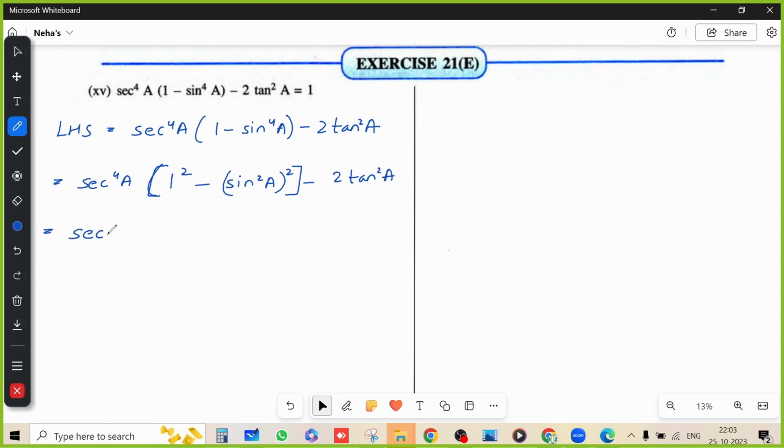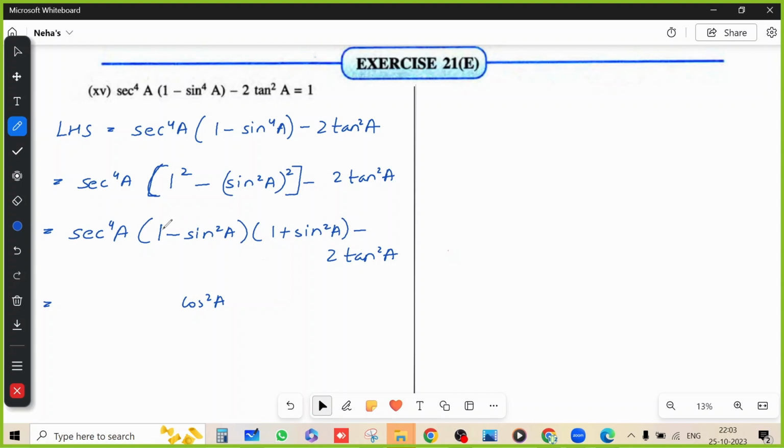Now this can be written as sec raised to 4A into, here we will apply the formula of a square minus b square. So this will become (a plus b) into (a minus b), which is equal to (1 minus sine square A) into (1 plus sine square A) minus 2 tan square A. Here now we can write 1 minus sine square A as cos square A by using the trigonometric formula that cos square theta plus sine square theta is equal to 1.